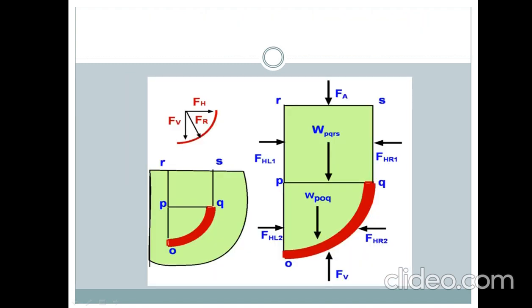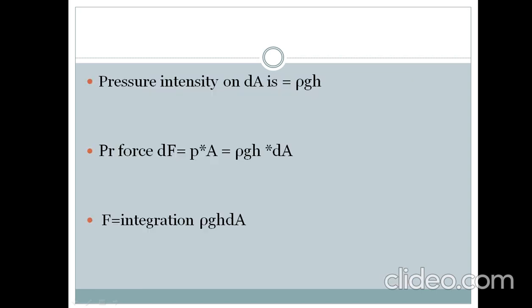Let us consider a curved surface submerged in a static fluid. Let dA be the area of a small strip at a depth h from the water surface. Then the pressure intensity on area dA is rho g h. The pressure force dF is equal to pressure into area, so dF is equal to rho g h dA.